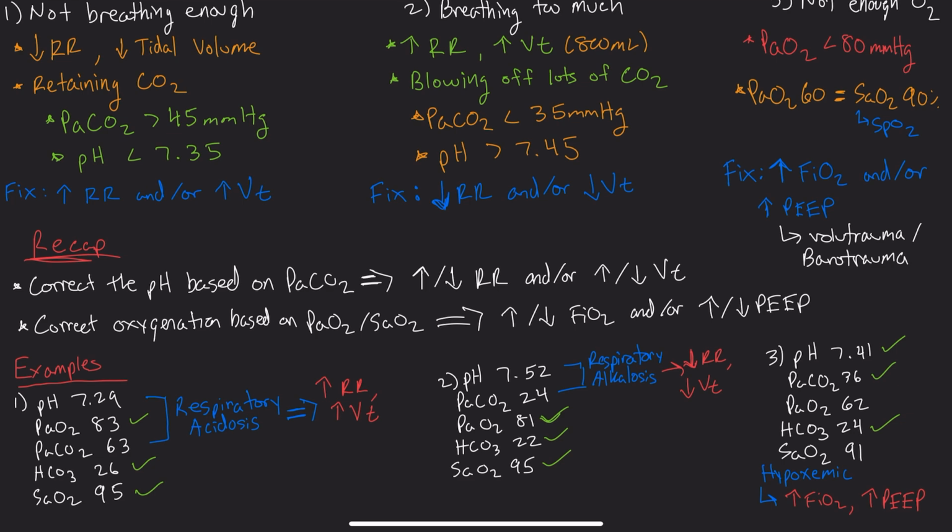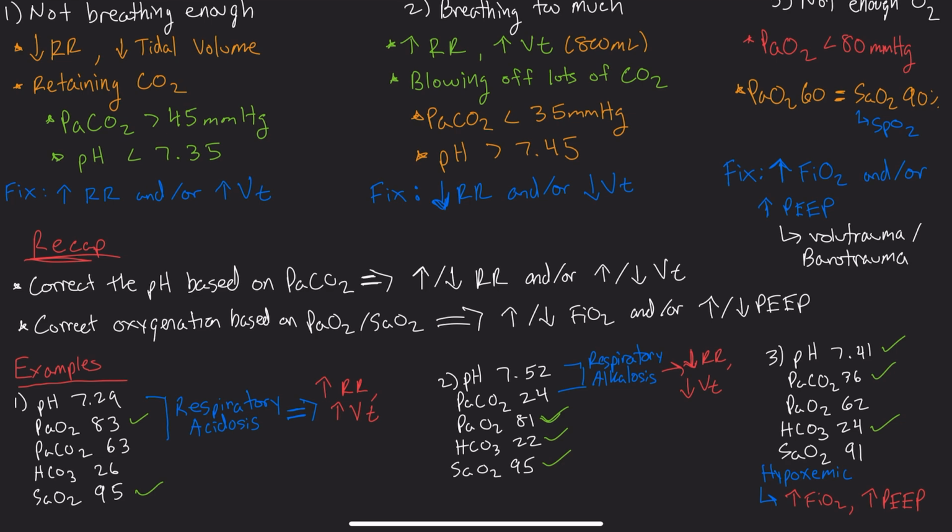I will say that these three examples are very basic examples. A lot of times your patient will actually have a mixed acidosis or mixed alkalosis, whatever it may be. So for example, in example 1, our only values that are out of line are basically the pH and one other value, right?